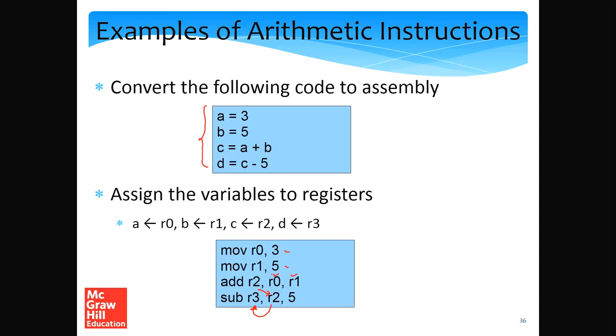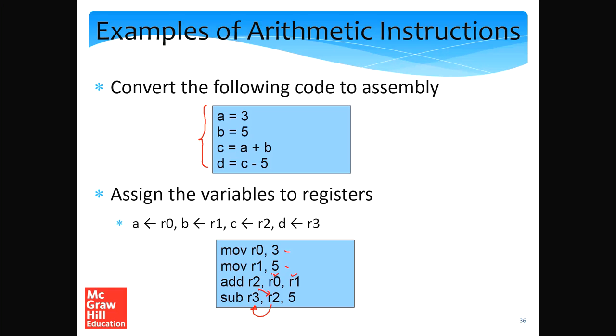Here we have 4 high level statements and 4 assembly statements because it's a simple program. But in general, the number of assembly statements will typically be more, sometimes much more. The important thing to note is that it is fairly simple to map a high level program to assembly. There are 2 steps.